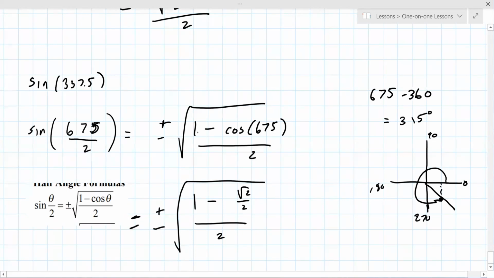So how do we figure out plus or minus? Where's 337.5, the original problem? It's 0, 90, 180, 270, and then 360, so it's over here in quadrant 4. All students take calculus. Cosine's positive there, which means that sine is negative there. So it must be that negative one.